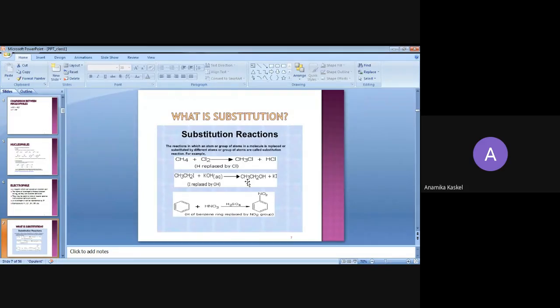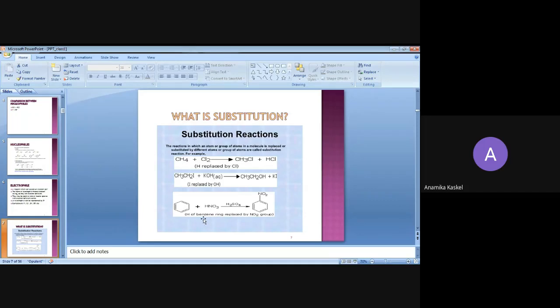Another very good example of the substitution reaction, and I am asking you one question, is this very important one. From HNO3, we can get NO2 plus. This NO2 plus substitutes the hydrogen and we get the nitro compound.